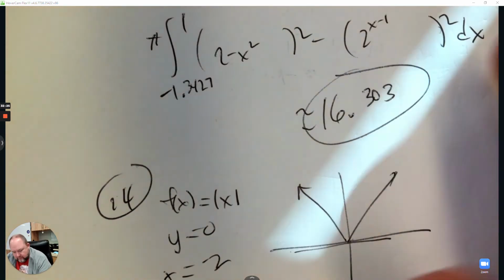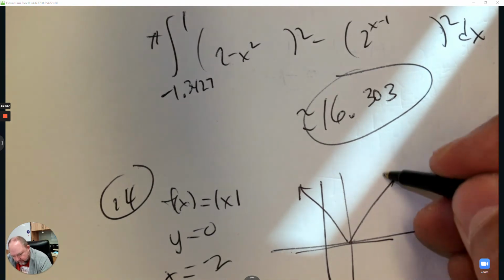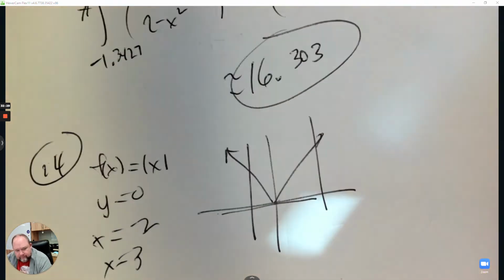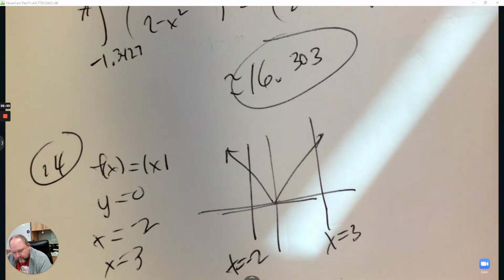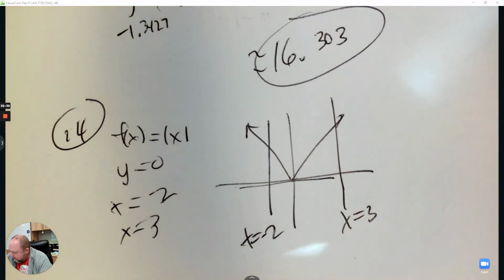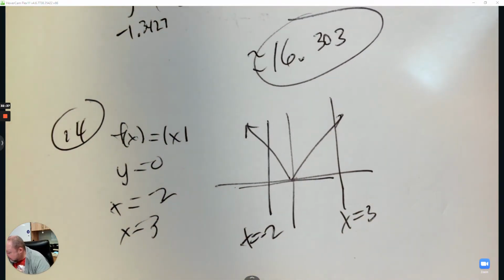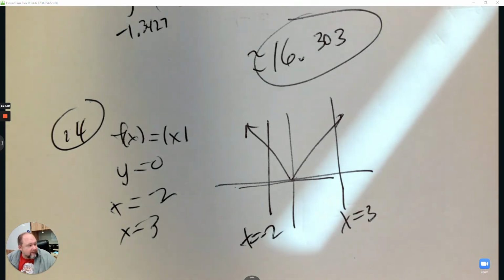And then it says set up and so on. So we're going to have 2 integrals here, right?